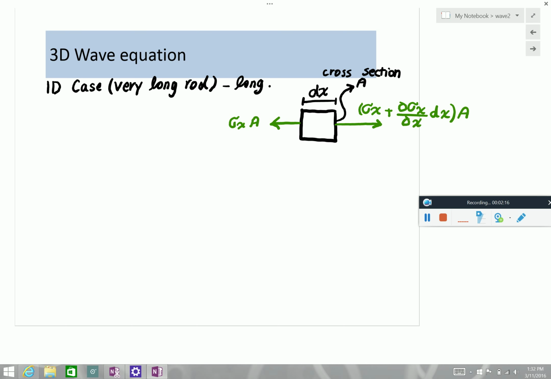And then we also have the inertia, which acts opposite to the direction of movement.